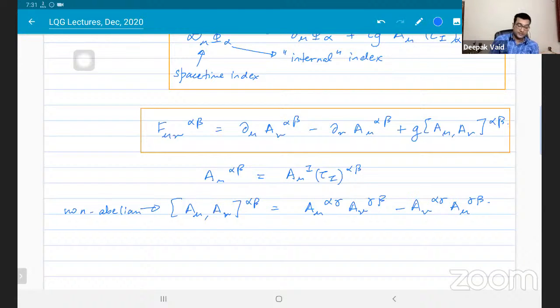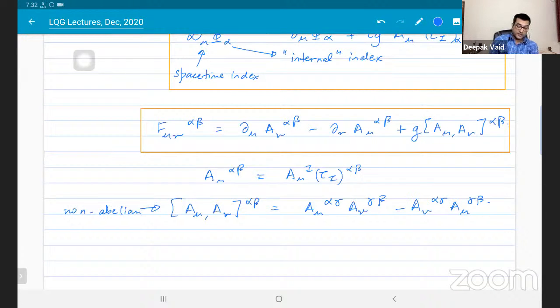Okay, so now you can see what this commutator is. This commutator is just the commutator of these matrices. So this is expressed as the curvature of your gauge field, and it is defined entirely in analogy with the Riemannian curvature tensor.